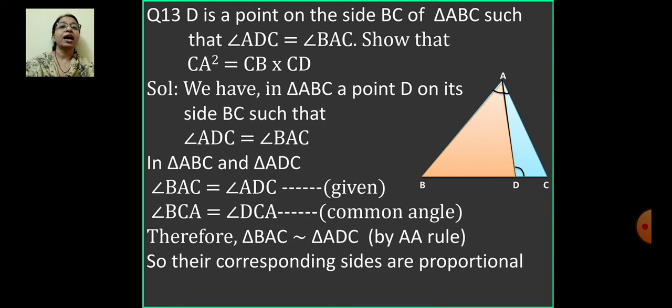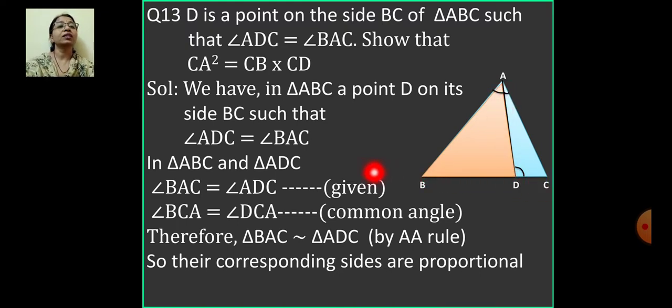So we have in triangle ABC a point D on its side BC such that angle ADC equals angle BAC. So this angle is equal to this angle, right? So now you take triangle ABC, the bigger one, and triangle ADC.